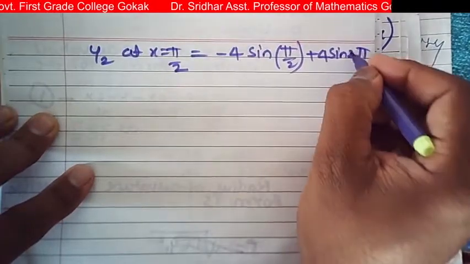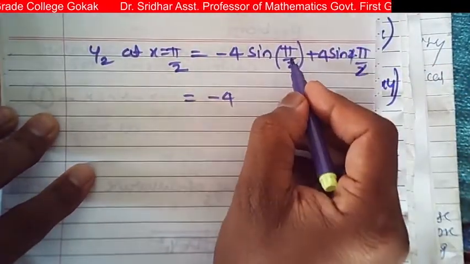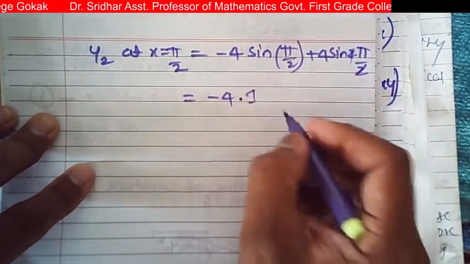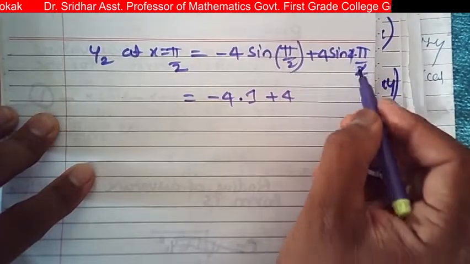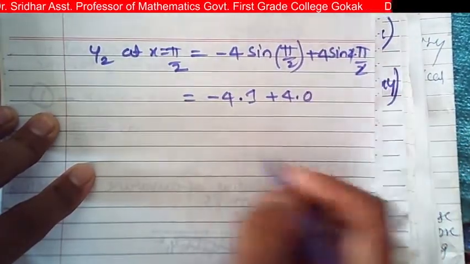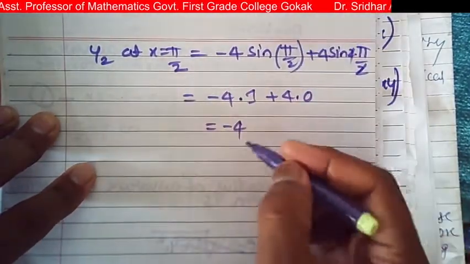Sin pi by 2 means sin 90 degrees, which is 1, whereas in 4 sin pi the 2 cancels and sin pi is always 0. So it is equal to minus 4.